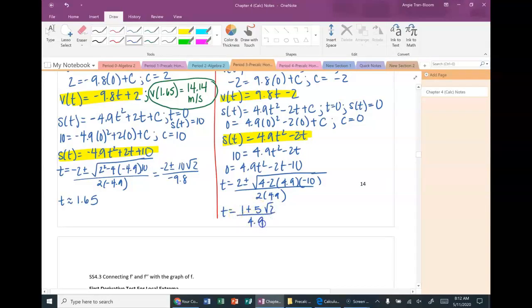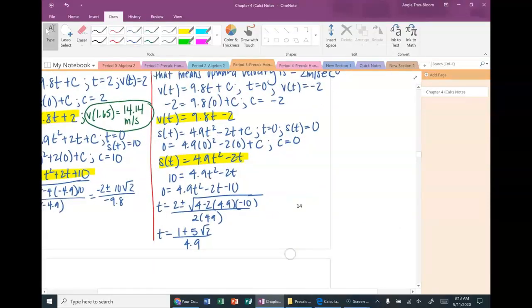After I simplify, as you can see, I got rid of the negative because it's not plus or minus anymore. I'm only keeping the positive time. So once I plug it into our velocity of impact, v of 1 plus 5 rad 2 all over 4.9, this is going to give us a positive 14.14 meters per second.